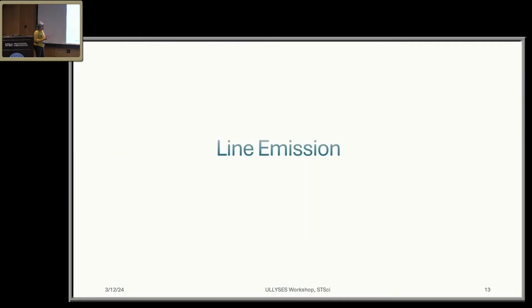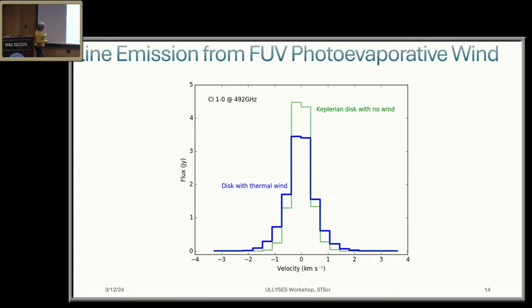And so I'll get to the second part of my talk, which is really more about trying to see what we can already say about the line emission that we have seen. I'm going to go through this fairly fast because I don't really have much to share here. But this is what we might expect from an ALMA observation of a photoevaporative wind.